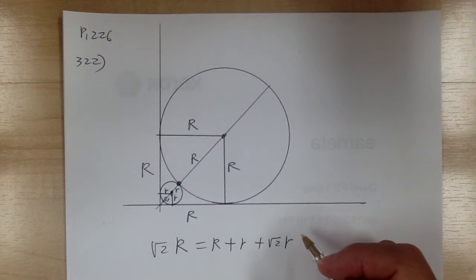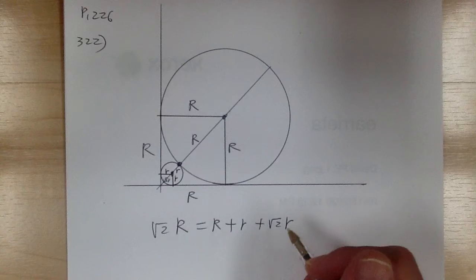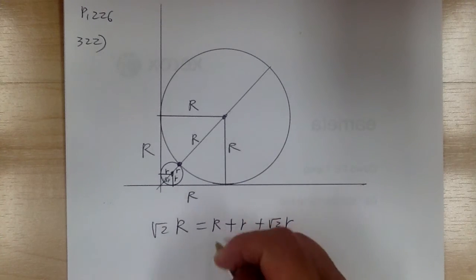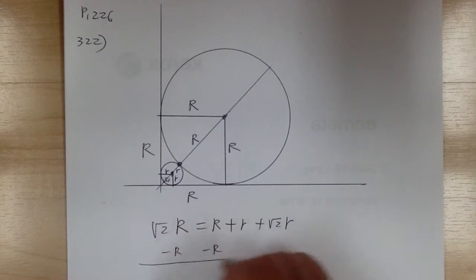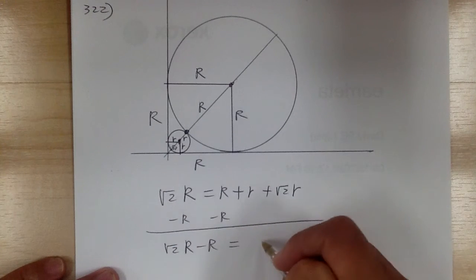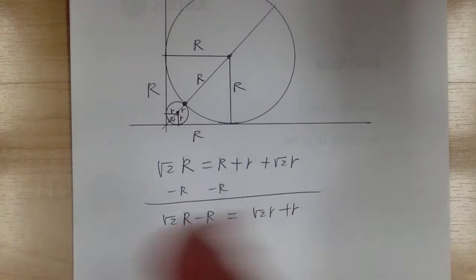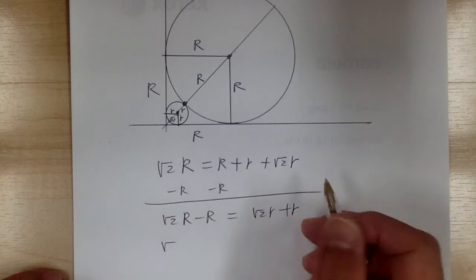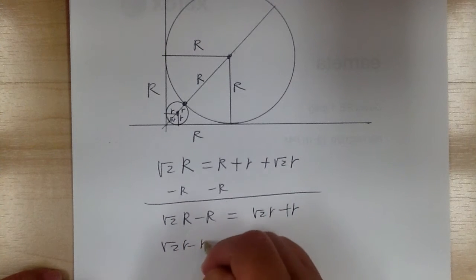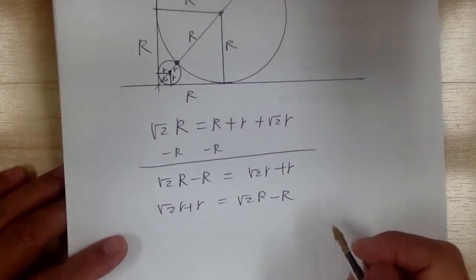Now you just have to solve. Go ahead and minus r on both sides. So you have square root of 2 R minus R equal to square root of 2 r plus r. I'm going to flip this over, because we're solving for small r. From here you have to do the factoring.